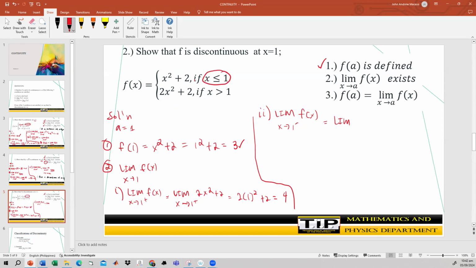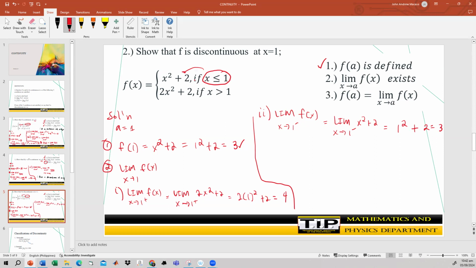It falls on x less than or equal to 1. So we'll use this function, x squared plus 2, as x approaches 1 from the left. Substituting the values, 1 squared plus 2, this will lead to 3.